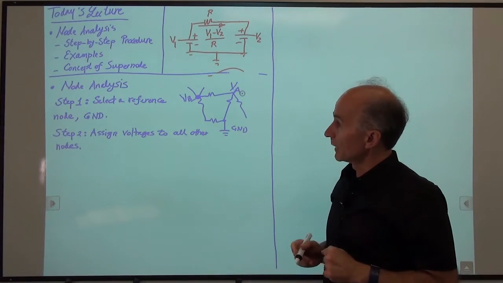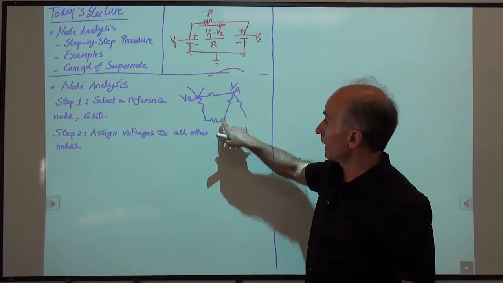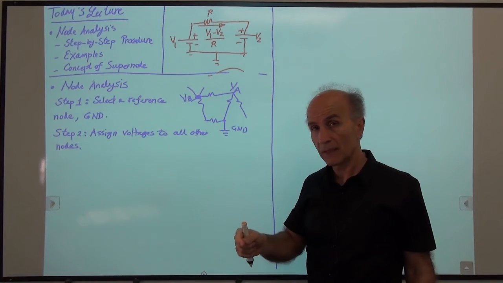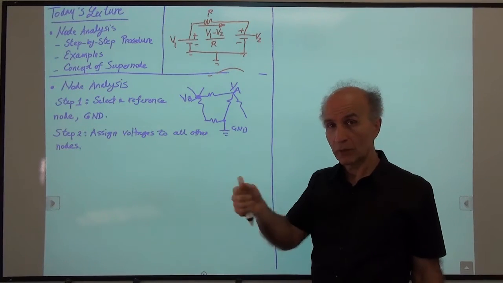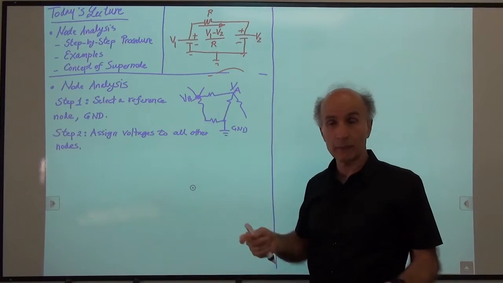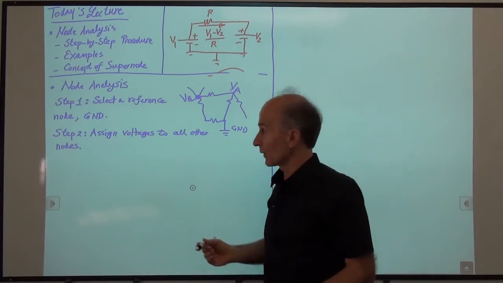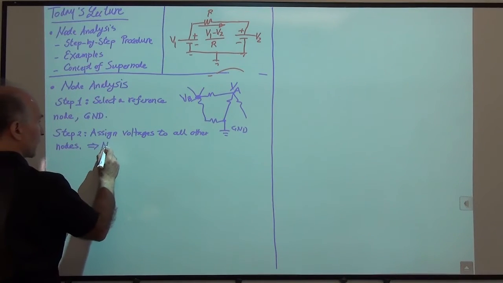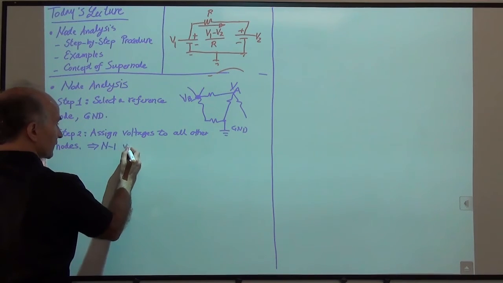Okay, so that means that if I start out with a circuit that has n nodes, and I call one of them to be ground, then the remainder of the nodes will add up to n minus 1. So that means that we have n minus 1 voltages.